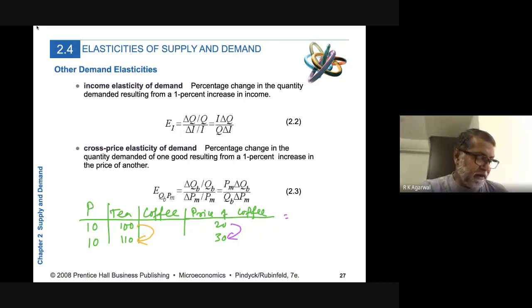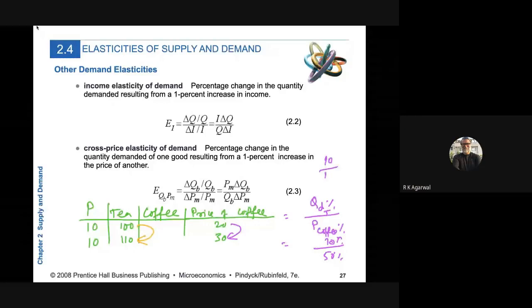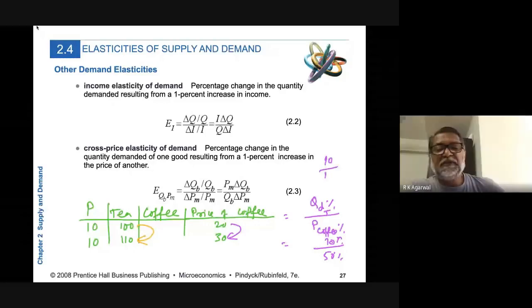So quantity demanded has gone up, price of coffee, this is tea, this is coffee. So price of coffee has gone up by 50%, whereas demand for tea has gone up by 10%. So 10 by 50, or 1 by 5, 0.2. So cross elasticity is 0.2.